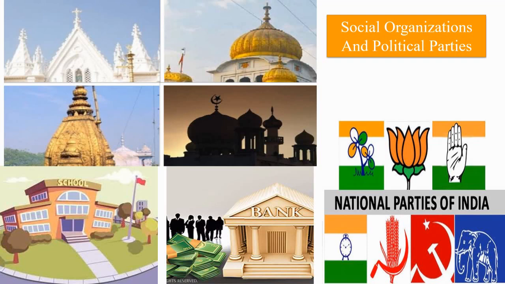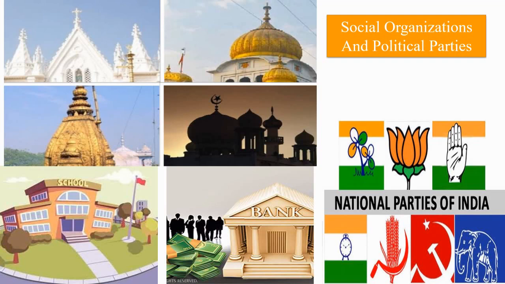For example, we have religious organizations which include temples, mosques, churches, etc. Educational organizations which comprise schools, colleges, universities, etc. Financial organizations like the bank. And then we also have the political organization, that is different political parties which help in governing our country.